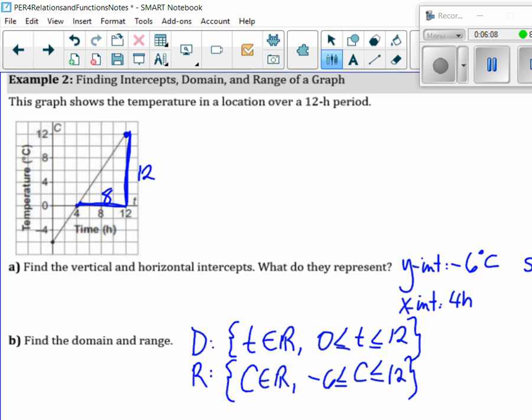This represents the starting temperature. Does everybody see that? And what does the 4 hours represent? It took 4 hours to get to freezing, or to get to 0 degrees Celsius.